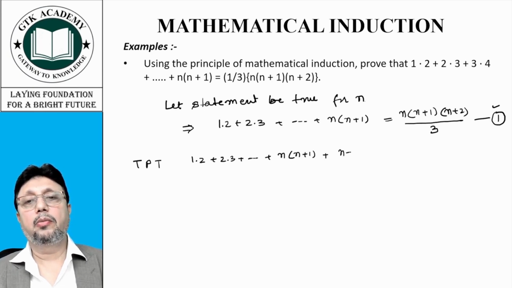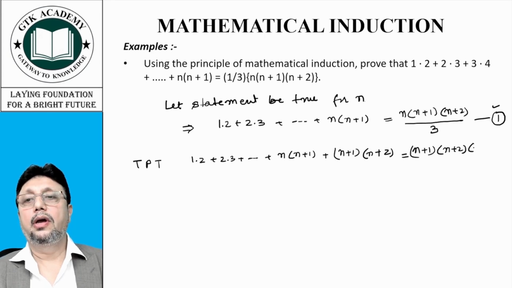That means n plus 1 into n plus 2. This we have to prove. This is equal to, now on the right hand side, instead of n, you will have n plus 1: n plus 1, n plus 2, n plus 3, whole divided by 3.